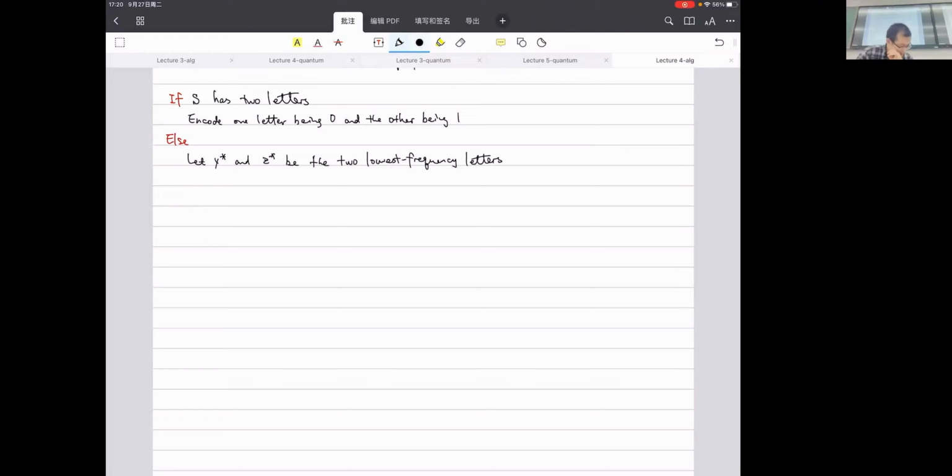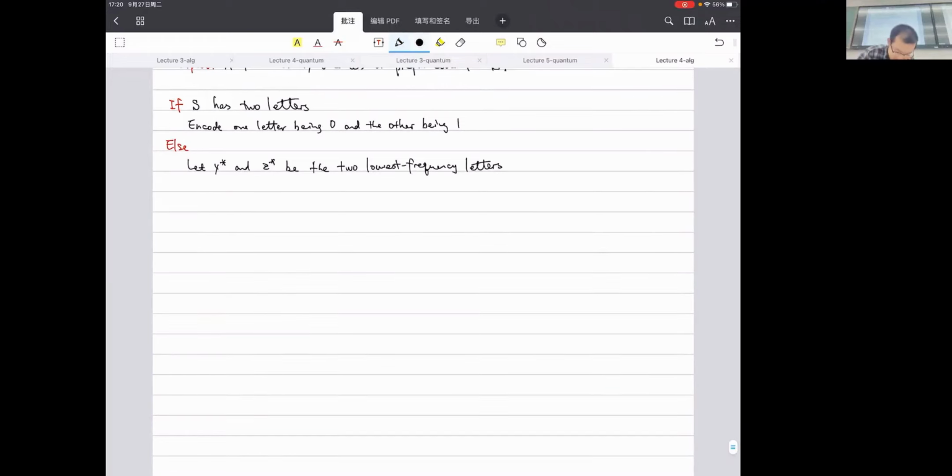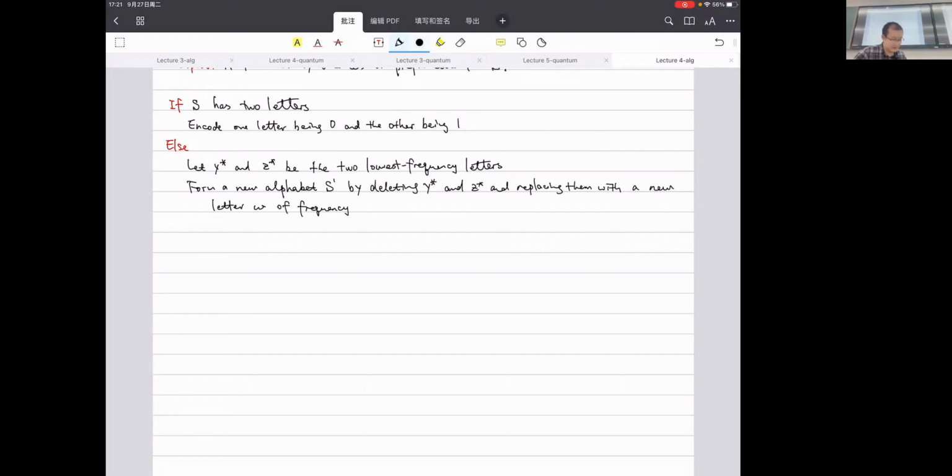According to the idea of Huffman's algorithm, we want to form a new alphabet. Let's call this S prime, by deleting Y star and Z star and replacing them with a new letter, say W, of frequency F_y star plus F_z star, because we are treating them as a meta letter and combining them together.